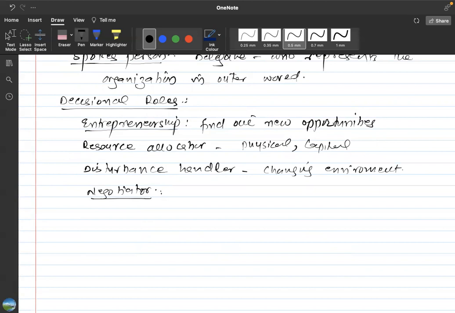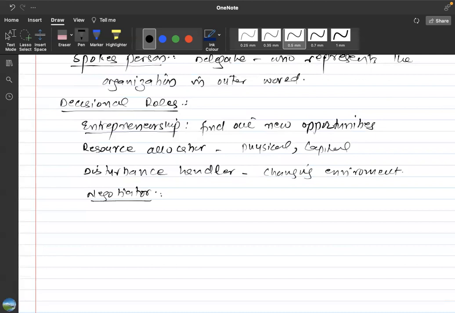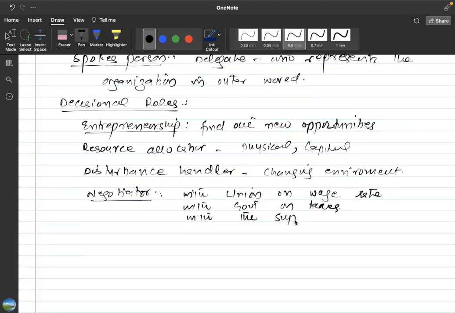This negotiation might be with the trade union on the wage rate, might be with the government on taxes, might be with suppliers on the rates. So these are the negotiations.